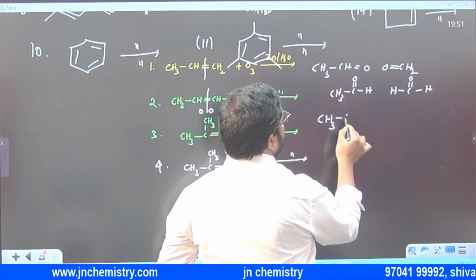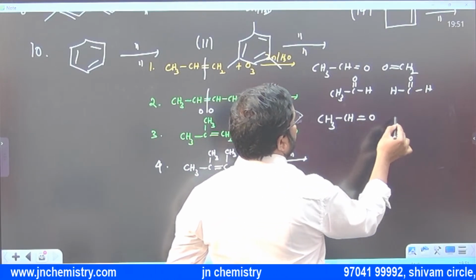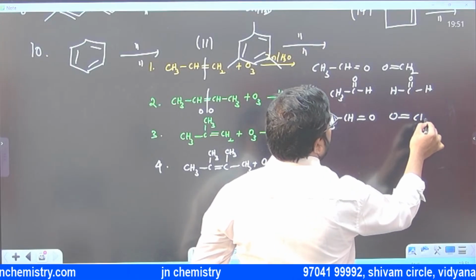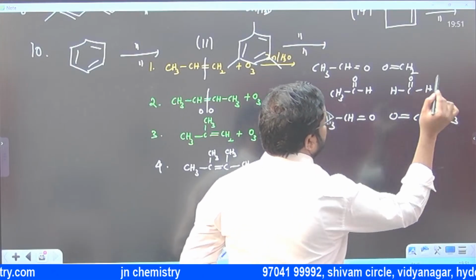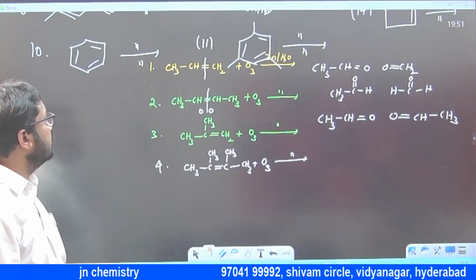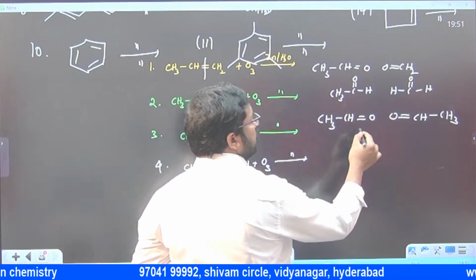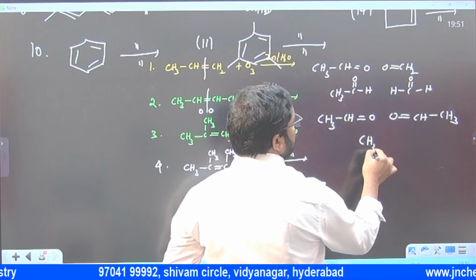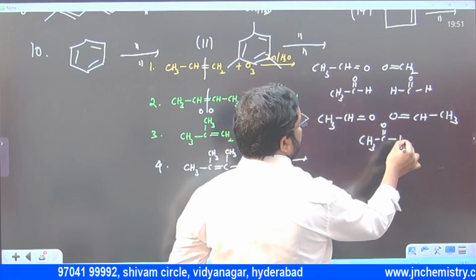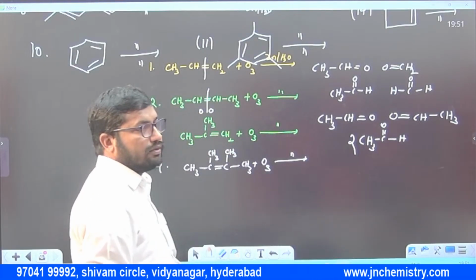CH3 CH double bond O, CH CH3. Acetaldehyde comes, 2 moles, this is right. CH3 C double bond O, 2 moles of acetaldehyde comes.